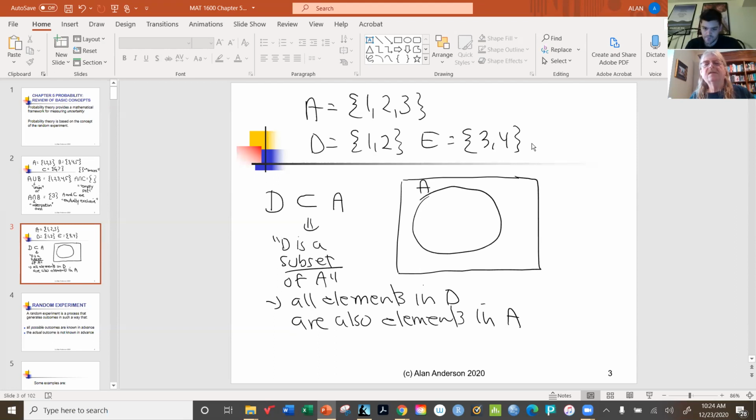A contains the points 1, 2, and 3. And this is the set D, which you can see is 1 and 2. D is completely contained within A. What's the name of this type of diagram? It's a something diagram.